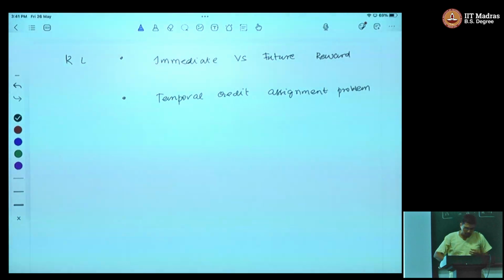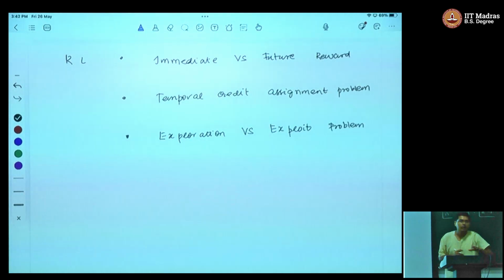So then the third part is what is known as the exploration versus exploitation problem. Suppose you have to place advertisements, think of Google ad placement.